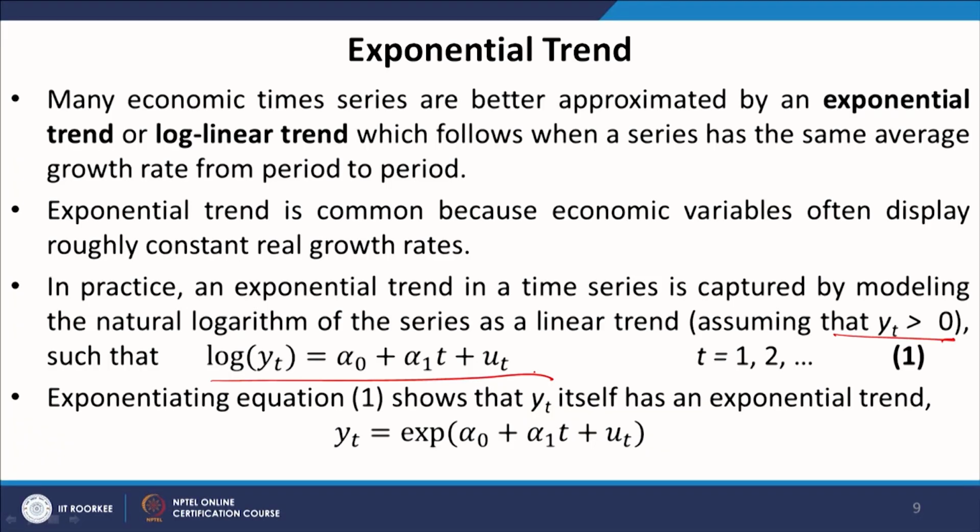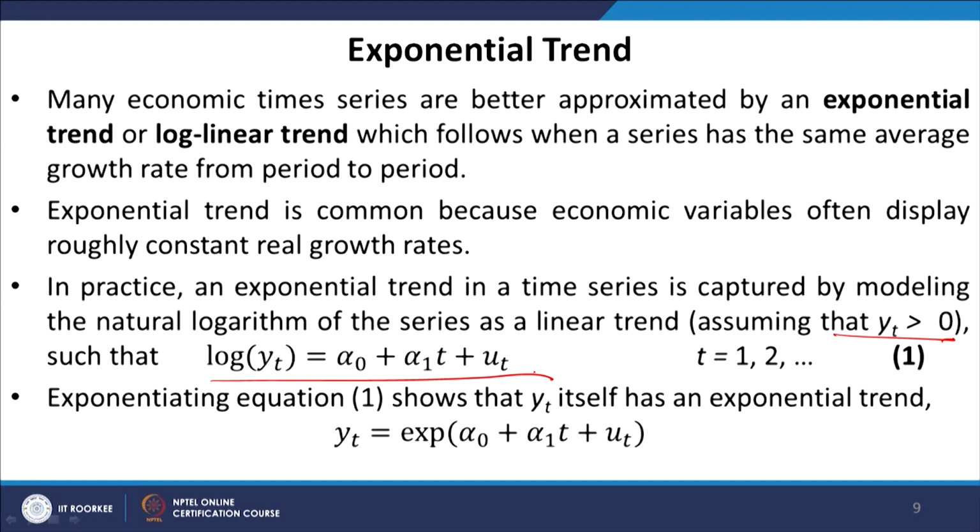So, when yt is greater than 0, we can go for an exponential trend, and it is written as log yt equals alpha naught plus alpha 1 t plus ut. You can see that the right hand side remains the same as that of a linear trend.